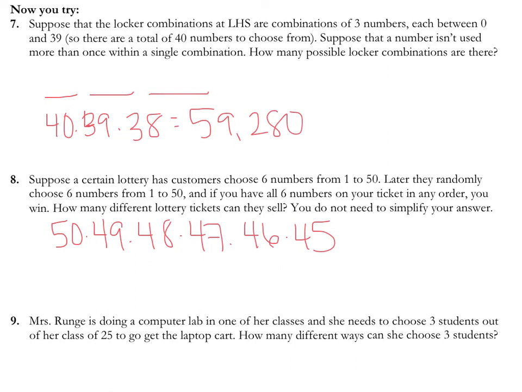But in these problems, the order does not matter. As long as you have the correct 6 numbers in any order, you're going to win. So you want to divide by 6 factorial, since the order doesn't matter. And this one said you didn't need to simplify your answer, so you don't have to simplify.